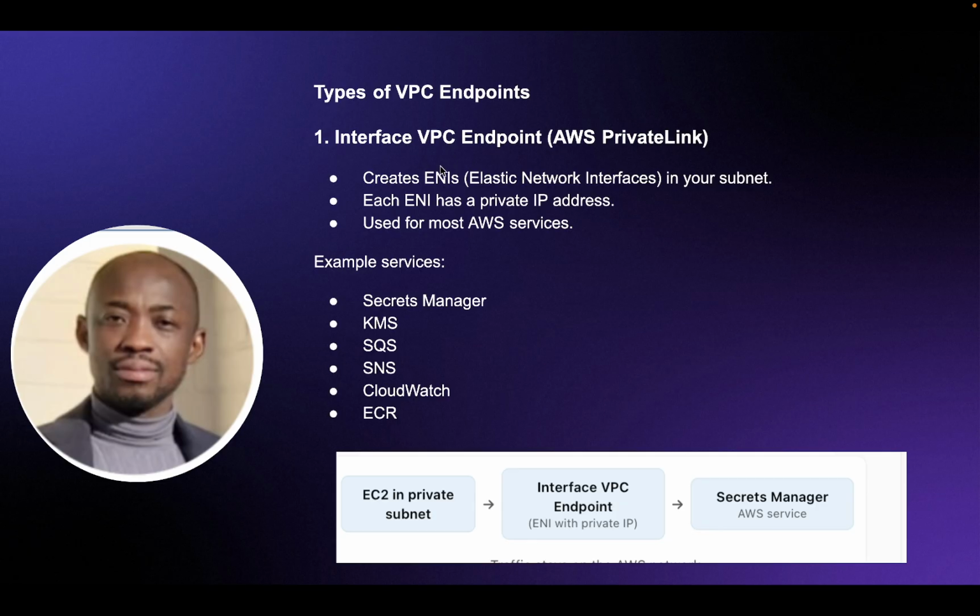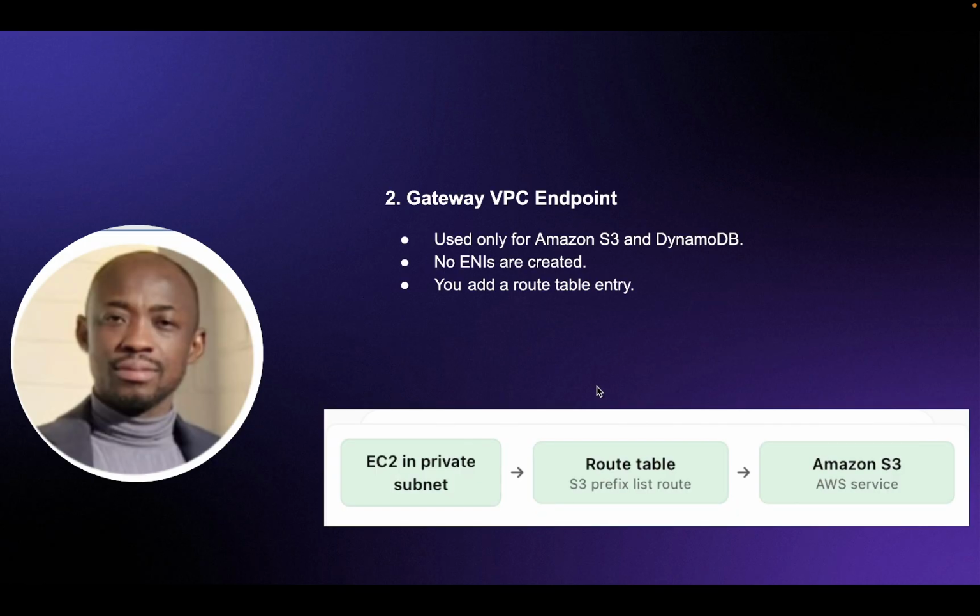So that is it. Remember, the interface endpoint will create an ENI and provide a private IP. The next endpoint doesn't leverage the private link. By that I mean it does not provision the ENI, the elastic network interface, and this is mainly used for S3 and DynamoDB.